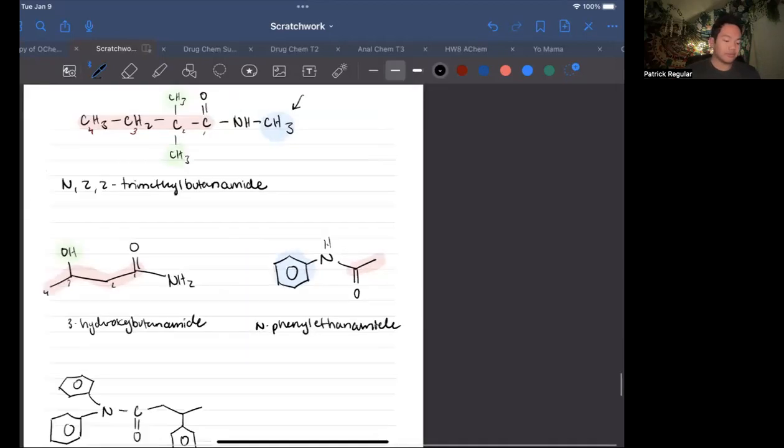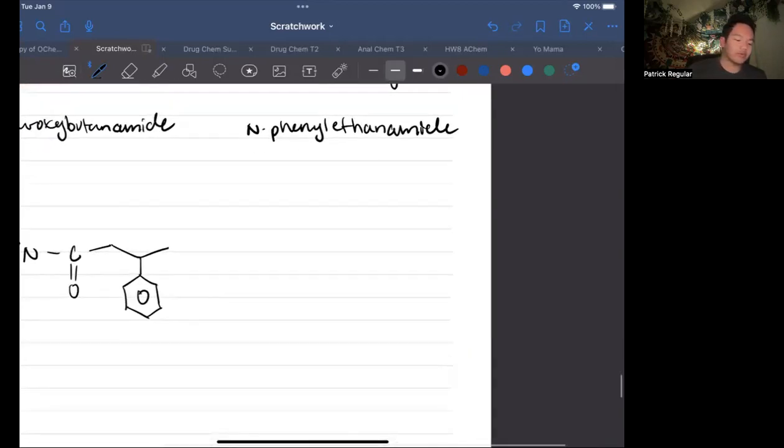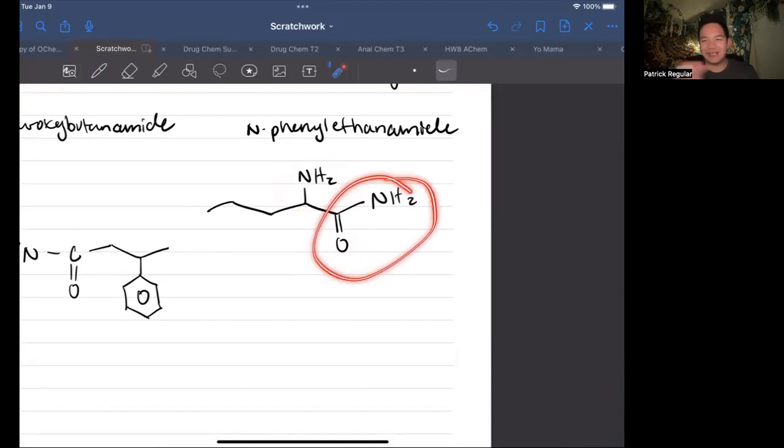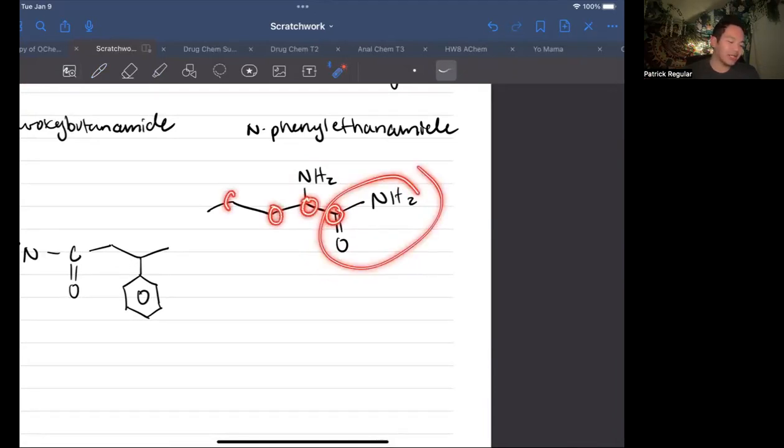There you go. Let me draw a different one before we move on to this one. Let's try naming this one. Well, hey, I see this group right here. Is that an amide? No. They're a carbon away. That's an alpha carbon. There's no carbon difference. This is the amide, and everything here is a carbon chain.